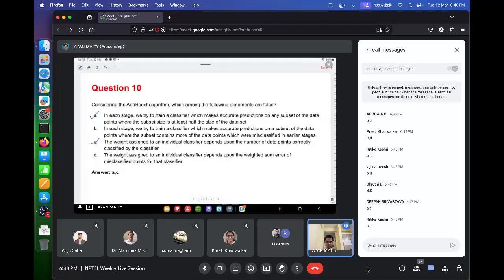So A and C are false statements regarding AdaBoost, because statement B is correct.